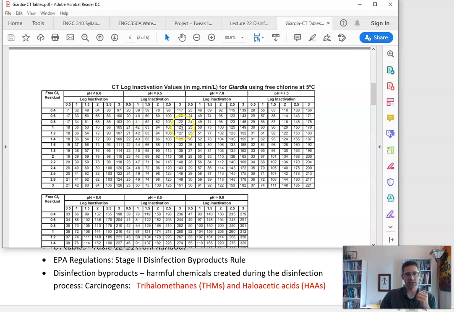So let's look at an example. Here I had 125 for 1 milligram per liter, 3 log removal. If I go to 2 milligram per liter, the number is 138. But that's the CT. It's not the minutes required, it's the CT. Concentration times time. My concentration is 2.